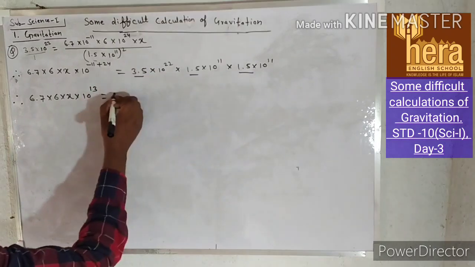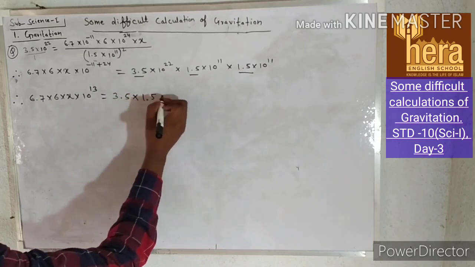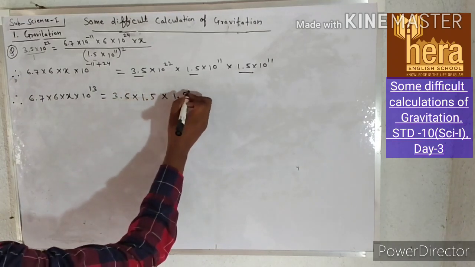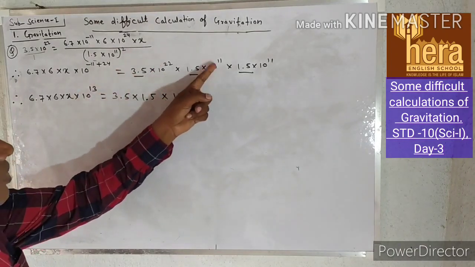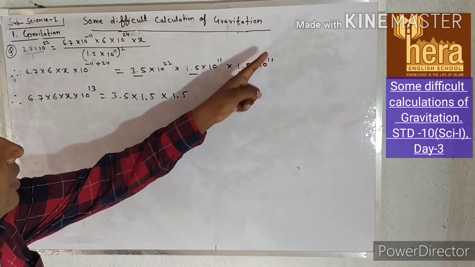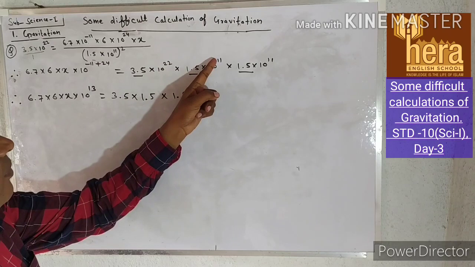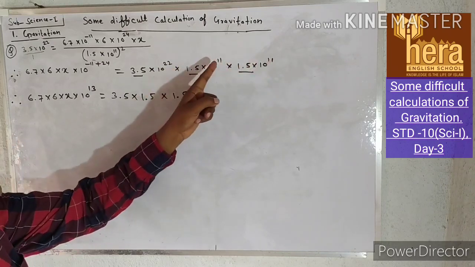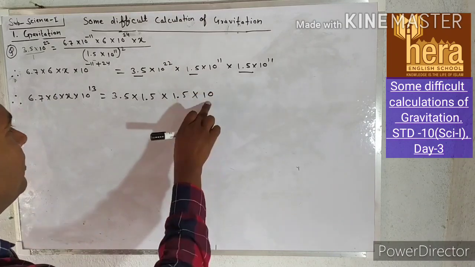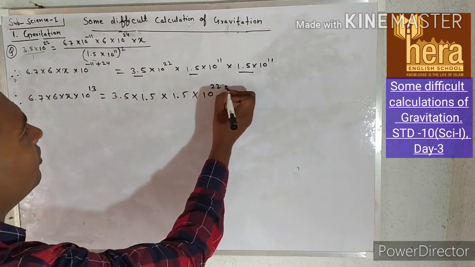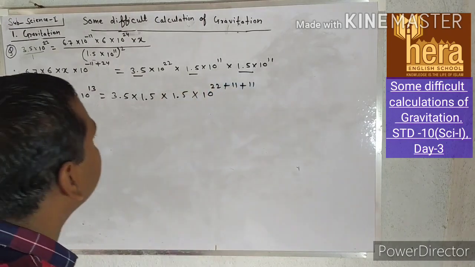It means 3.5 into 1.5 into 1.5, 10 raised to 22 into 10 raised to 11 into 10 raised to 11. Bases are 10, 10, 10, 10. All the index will be added. It means 22 plus 11 plus 11. This will be equal to 10, base will be 10.